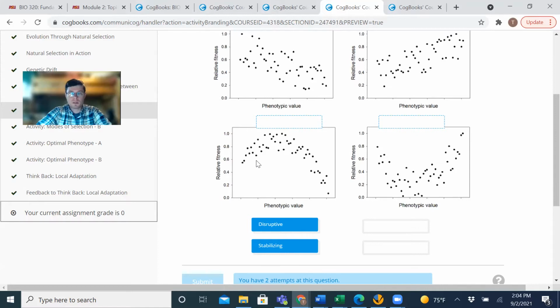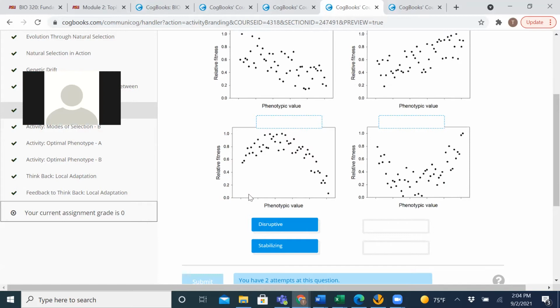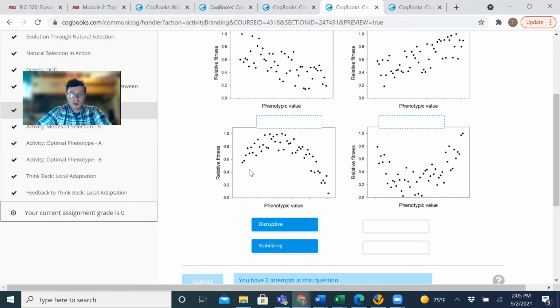Yeah, I think that's the start of the argument, right? Because you have phenotypes with the extreme values, right? So here and here, high and low, those have pretty much the lowest fitness, and the middle one, so the moderate phenotype value, has the highest fitness. So that would be like kind of a stabilizing towards the middle.